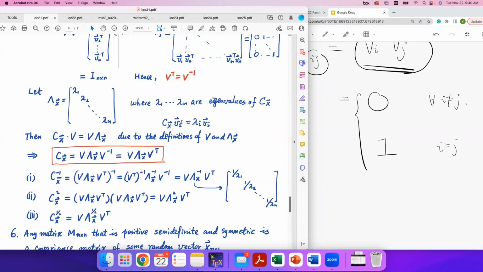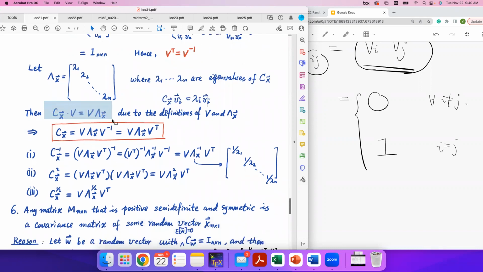Well, V_i is a vector, but now here we are stacking all these eigenvectors in a matrix. So we are stacking all these different eigenvalue equations into a matrix form.